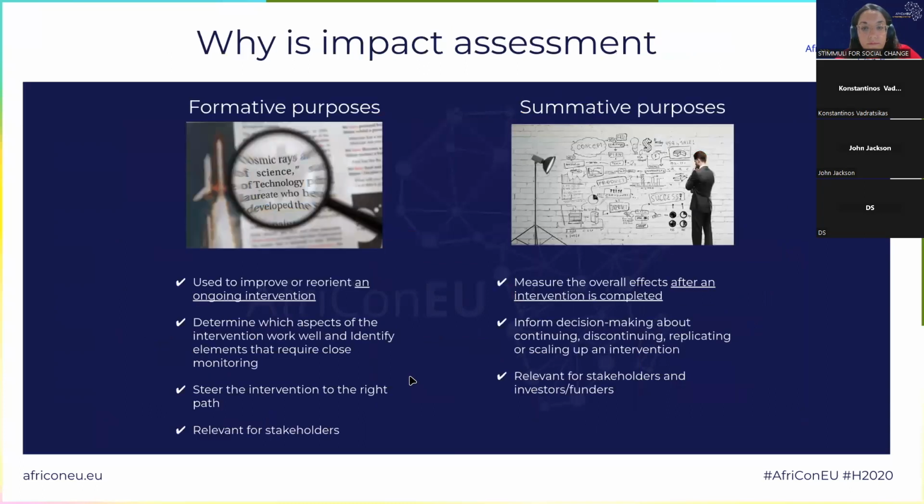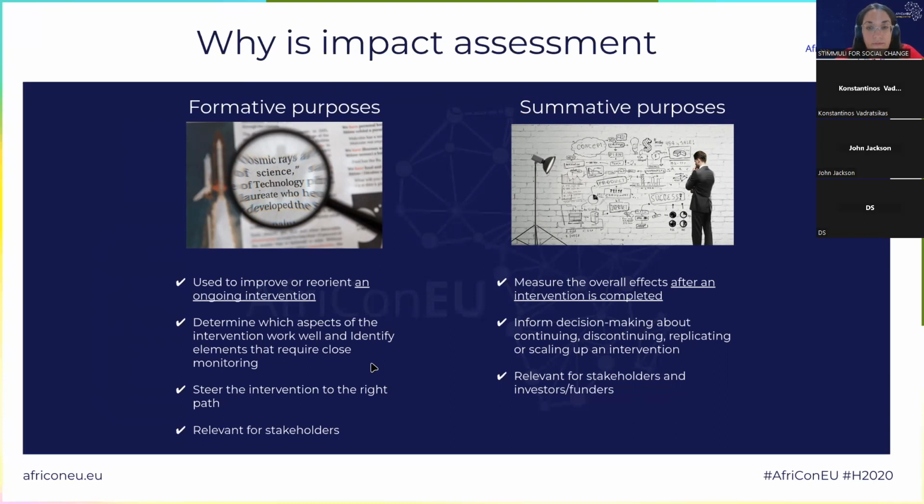Overall, we could say that impact assessment is a useful tool for both formative and summative purposes. On a formative level, impact assessment can help us understand whether there is an ongoing intervention and where it is leading to by examining some specific components. It can be used to explore which elements of an intervention work, which don't, so that involved stakeholders can make better informed decisions in order to keep the intervention on the right track.